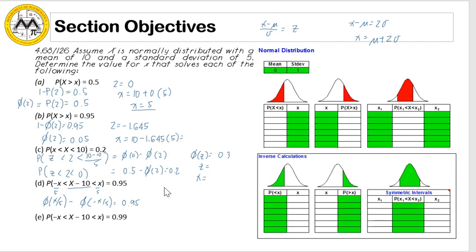So that would give us x over 5 to be equal to 0.025. So the value of z is negative x over 5 is negative 1.96. So x is 5 times 1.96. So that would be the value of x.